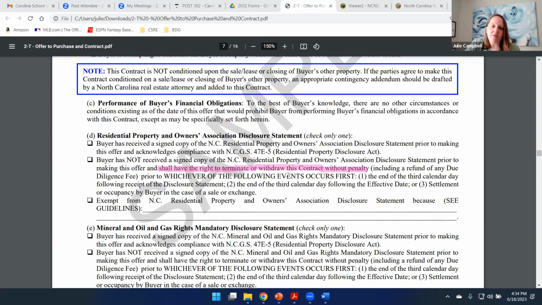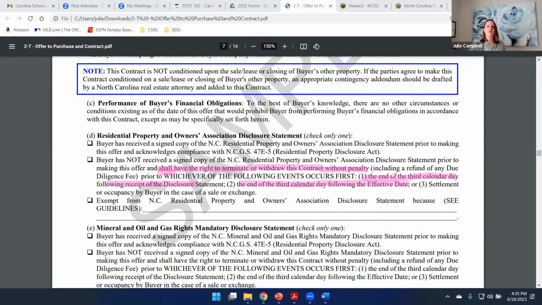The end of the 3rd calendar day following receipt of the RPODs, or the end of the 3rd calendar day following the effective date, or if settlement or occupancy has already happened. Whichever happens first, the buyer shall have the right to terminate. This is one of the rare times that they will get their due diligence back, and also their earnest money if they put it up.